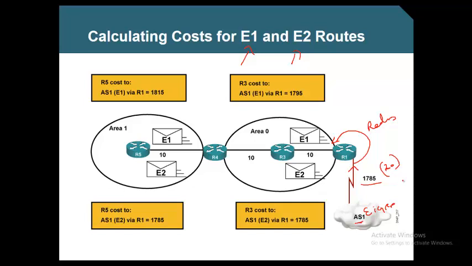You don't want the default cost, and you are providing some metric as seed metric. We call it a seed metric. You just give some number like 1785 for those EIGRP learned routes that got redistributed to OSPF as an OSPF cost.